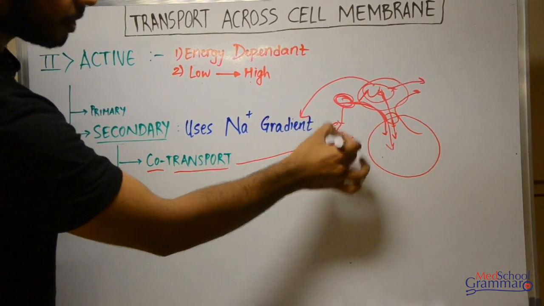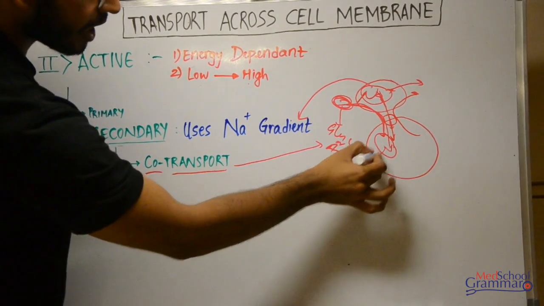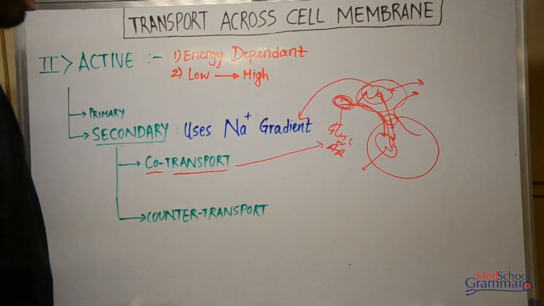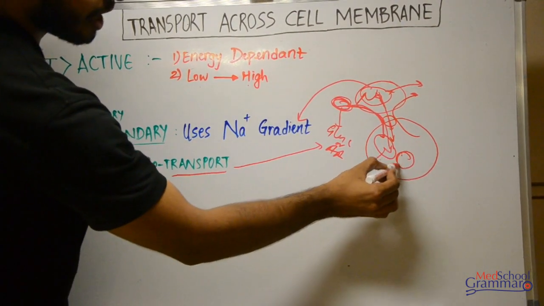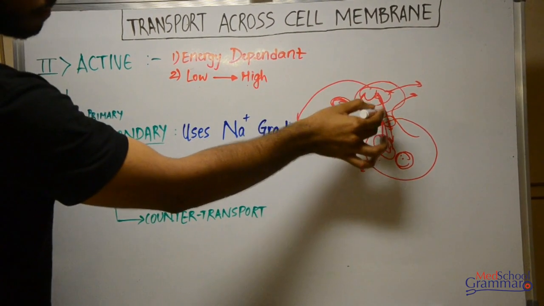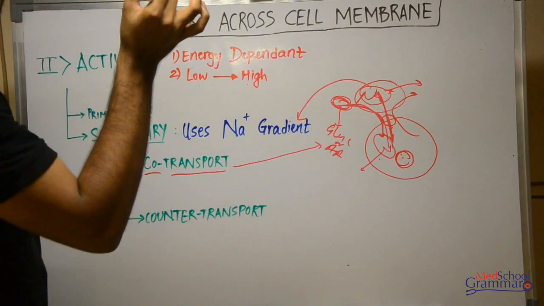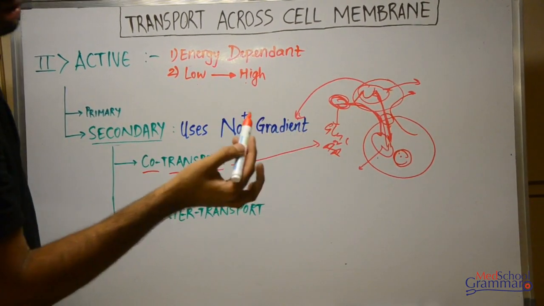So when glucose or amino acid move along with sodium within the cell, they do so against their concentration gradient, which means that glucose and amino acid are present in higher concentration within the cell compared to the outside. Sodium moves along its concentration gradient, so the sodium gradient is the source of energy.